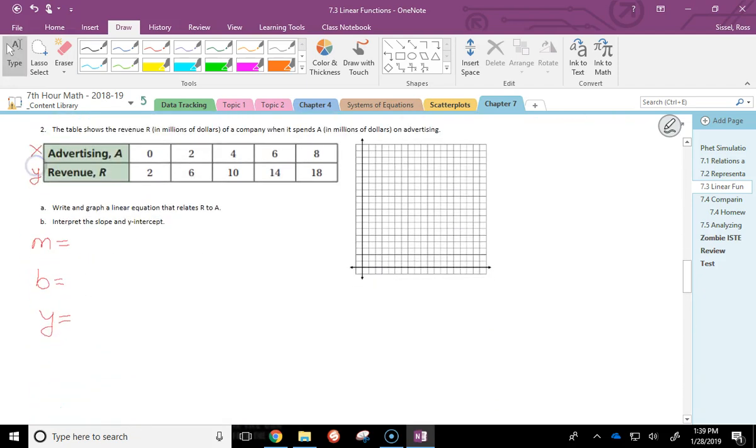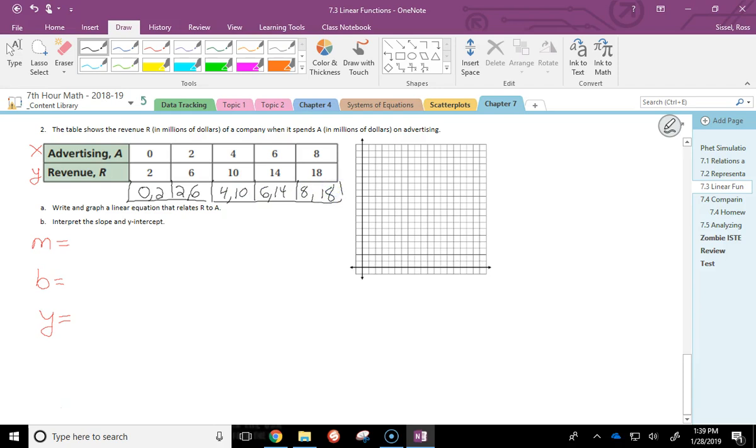Or, I'm going to use a shortcut. Remember, if this is x and y, just like we did earlier, this gives me coordinates. What's my first set of coordinates? 0, 2. Then we have 2, 6, 4, 10, 6, 14, and 8, 18.